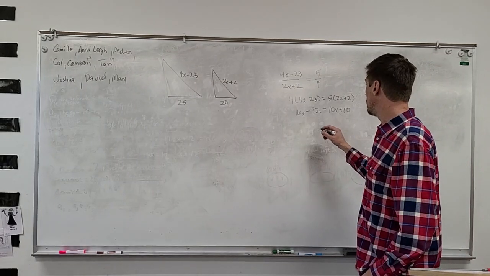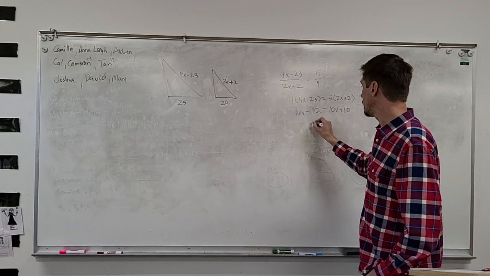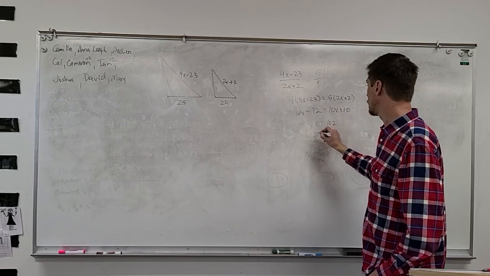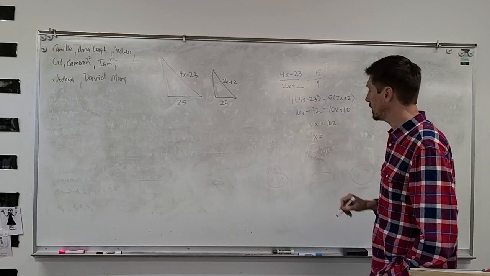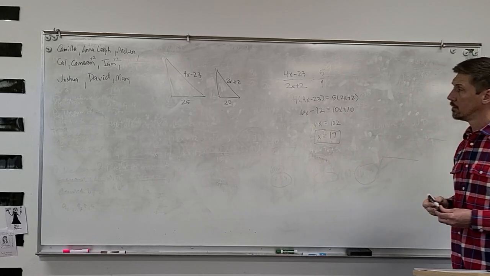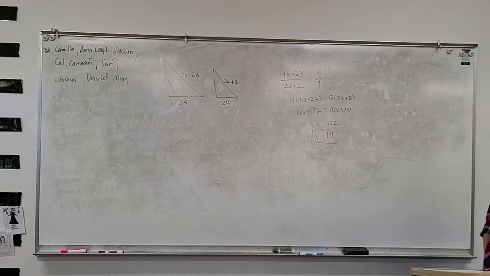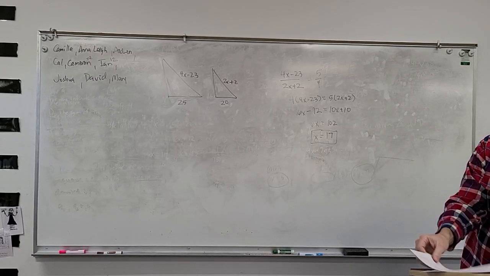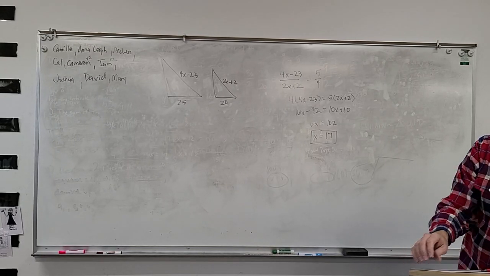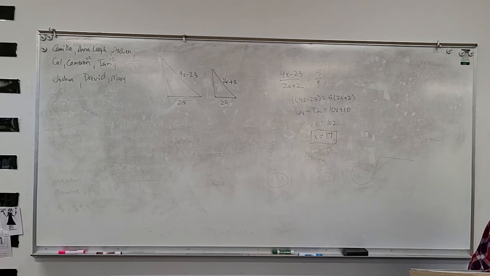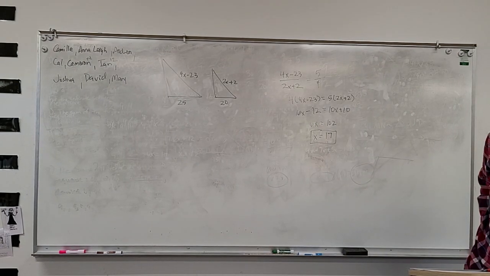So then, getting all my x's on one side, I've got 6x over here equals 102 on this side, and so dividing both sides by 6, I get x is equal to 17. Any questions about that problem?